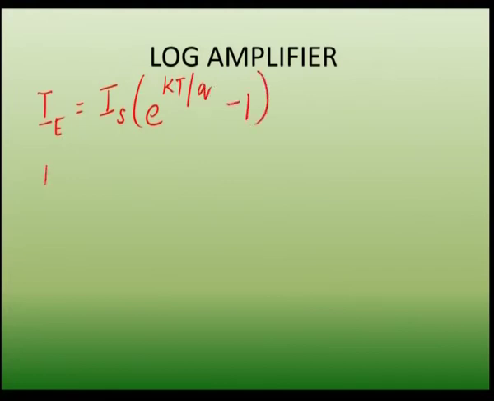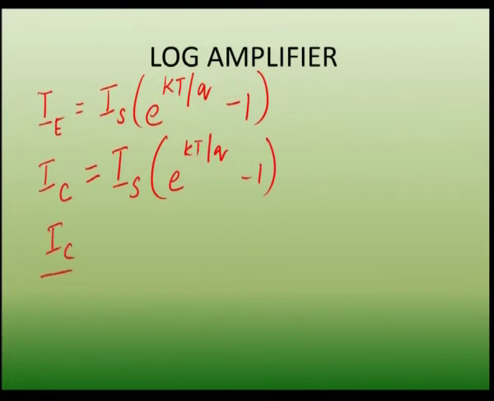Here this emitter current is also equivalent to the collector current. So, I can replace this emitter current as IC is equal to the saturation current into e power (V by kT by q) minus 1. Now IC by Is is equal to e power (V by kT by q) minus 1.